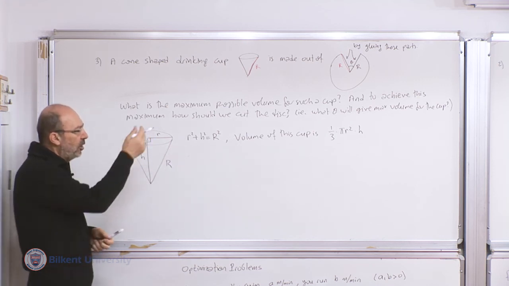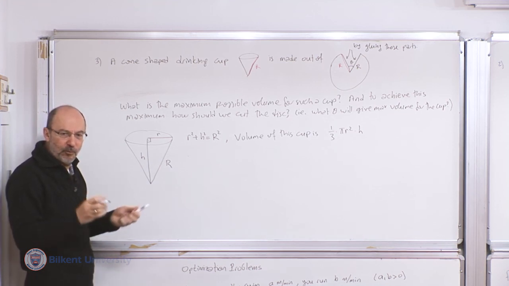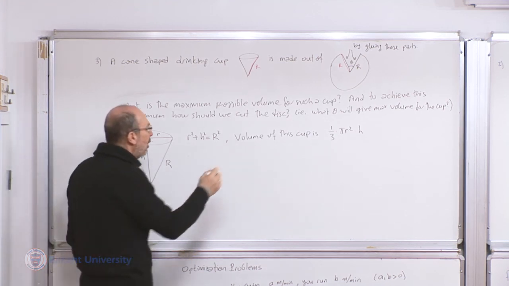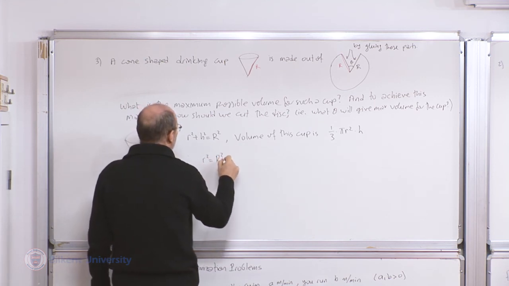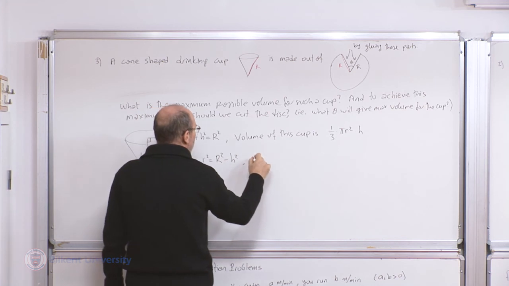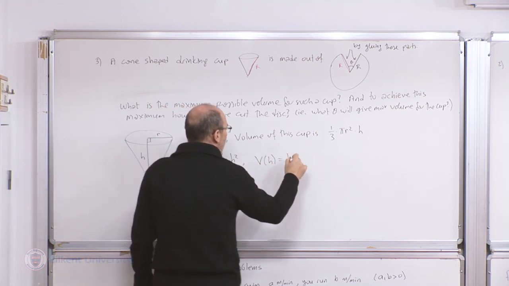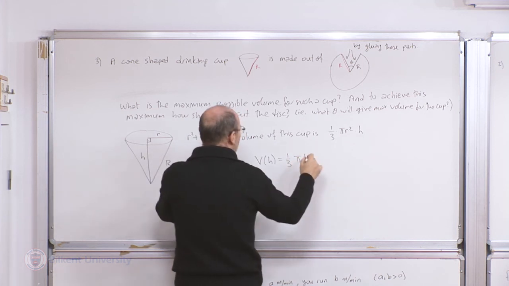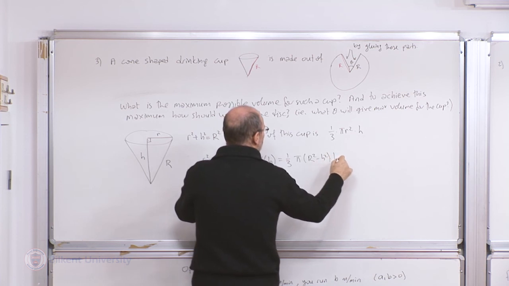You can do it the other way, but then you will have to take derivatives of square roots. Nobody wants that. So here I have r squared is equal to R squared minus h squared. So volume depending on h is one third pi times (R squared minus h squared) times h.